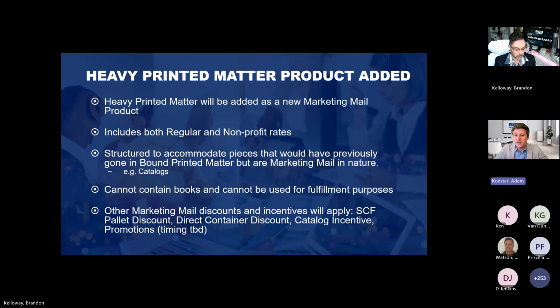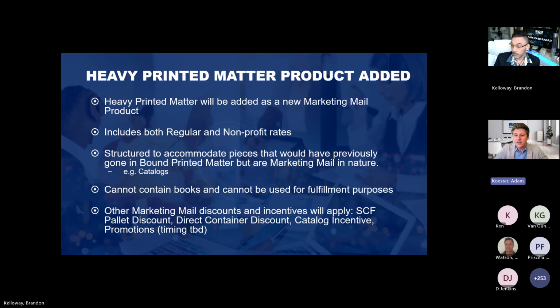There's a few discounts and incentives that will come along with it being a marketing mail product. The SCF pallet discount and the direct container discount are two of those things. So if you can get enough to make an SCF pallet full of pieces, you'll get a discount on each of those pieces because the post office doesn't have to touch it as much as it moves through the network. The catalog incentive will be coming back, and we'll talk about that in a little bit as well.